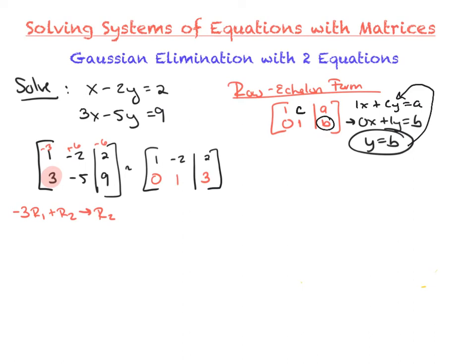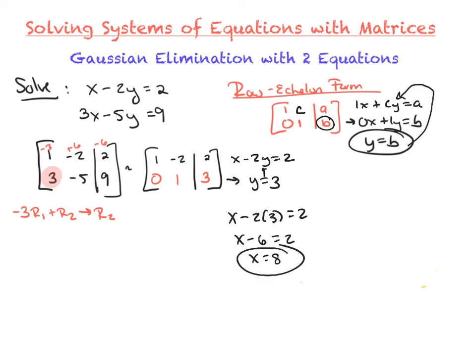So, for example, in this one, we have the equation now, y equals 3, and the equation above it is 1x minus 2y equals 2. So instead of doing more Gaussian elimination to get it into reduced row echelon form, we could take y equals 3 and plug that into the upper equation. So that would be x minus 2 times 3 equals 2. x minus 6 equals 2, so x equals 8. So a lot of times, we have the answer now, 8, 3.